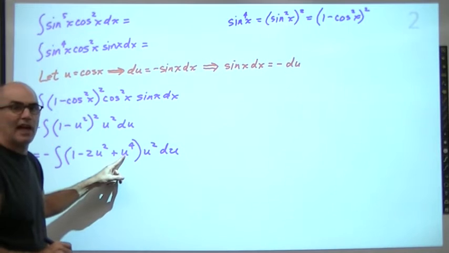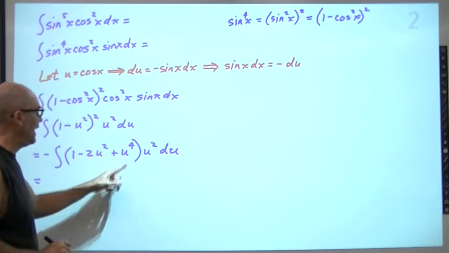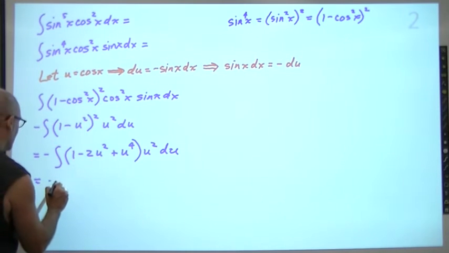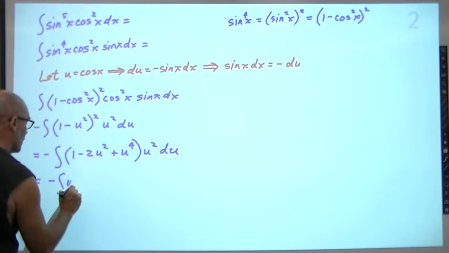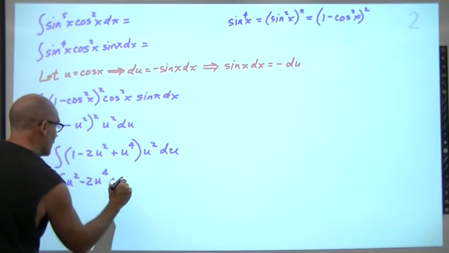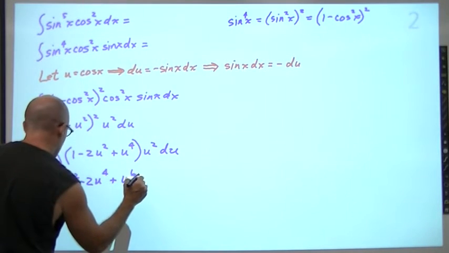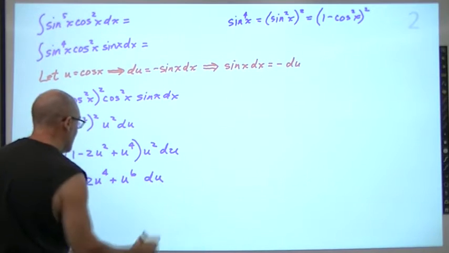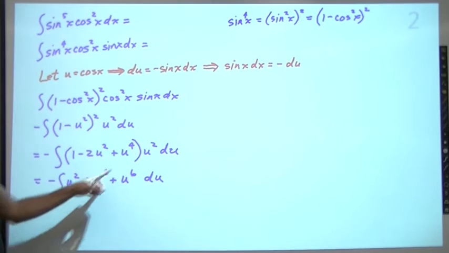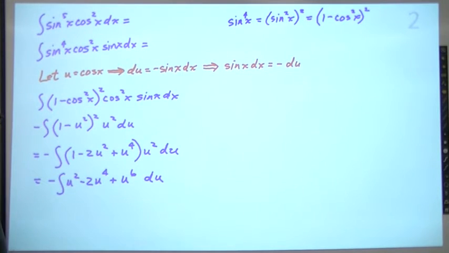Good thing you had a good Algebra 2 teacher. And now all I do is distribute my u squared. So u squared times 1, u squared times 2u squared, u squared times u to the fourth.